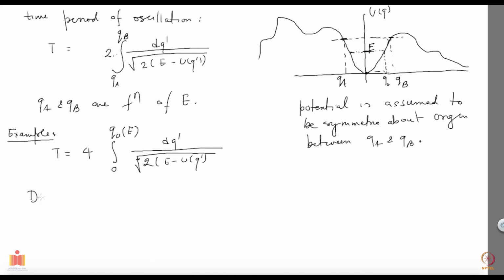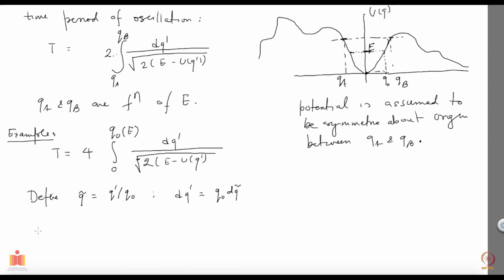Let's define Q tilde to be Q prime over Q naught. If I do so, then my dq prime is Q naught dq tilde.